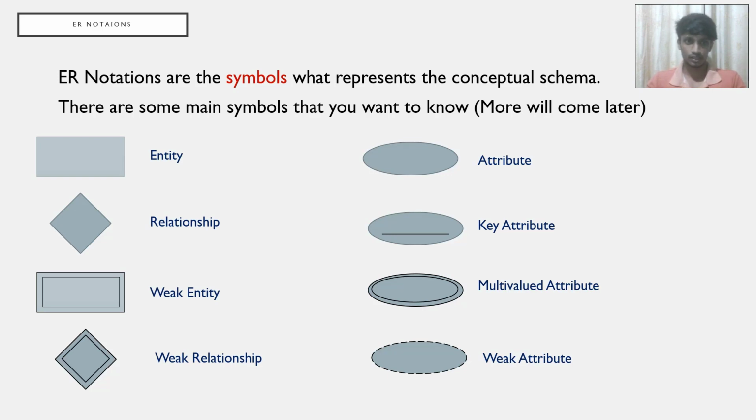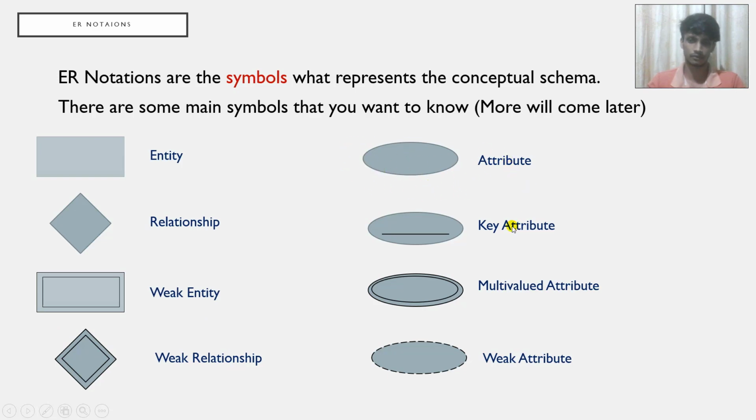This is the symbol for an entity, just a rectangle, and a diamond shape is the symbol for relationships. For a weak entity, there is a double line rectangle, and there's a double line diamond for a weak relationship. Oval shapes represent the attributes.